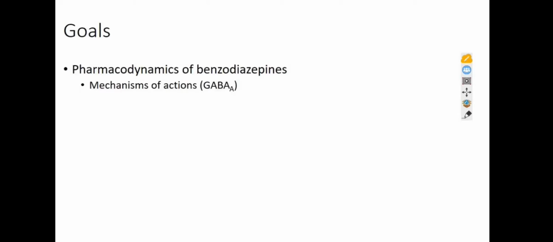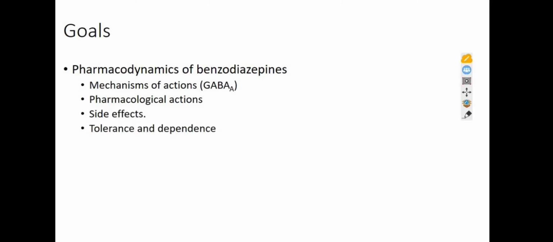So the main goal of this presentation is to know what are the pharmacodynamics of benzodiazepines, including their mechanism of action through the GABAA system and how they act as allosteric agonists. Then we'll talk about the pharmacological actions, including sedation, hypnosis, anxiolytic action, and skeletal muscle relaxant effect. Then we'll talk about the side effects and how they are extension of the pharmacological action.